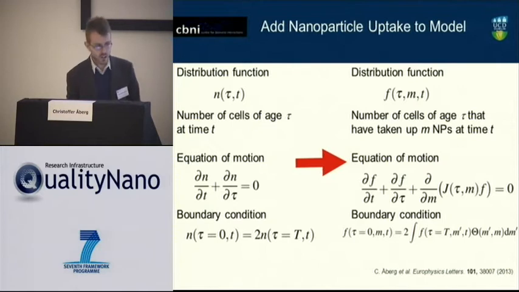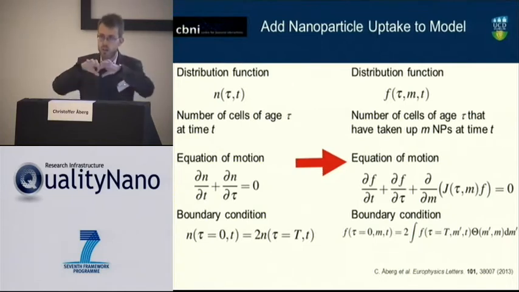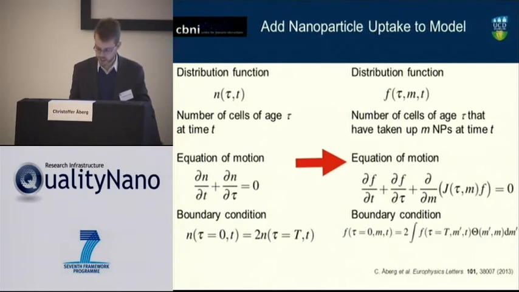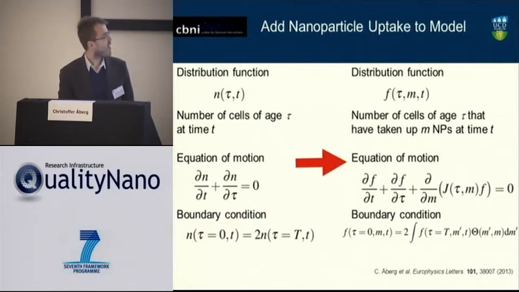I might also note this function that I call theta, which is about how nanoparticles are distributed among cells when the cell divides. That's something that Hugh Summers and the Swansea group have studied quite a lot, but he actually didn't speak about it this morning, so that placeholder was kind of gone.